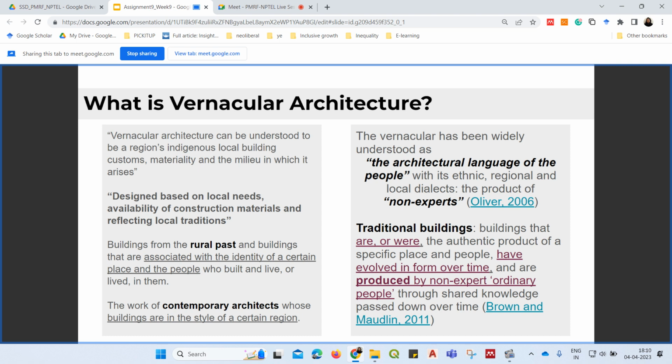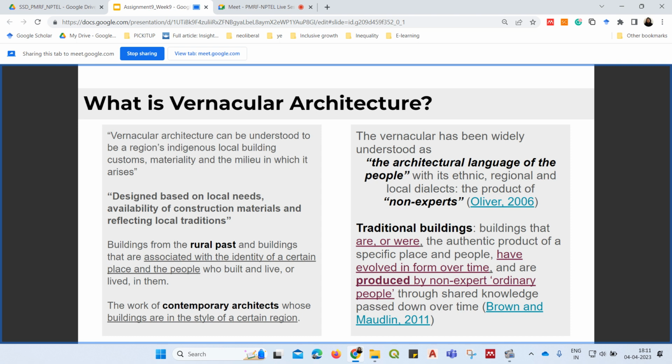But recently, contemporary practice involves a lot of expert design, or buildings designed by experts who have learned and are trained in designing and construction. But even the contemporary architects who are experts in their field also follow vernacular architectural practices and building techniques. So even some of the current building designs and construction can be considered examples of vernacular architecture.